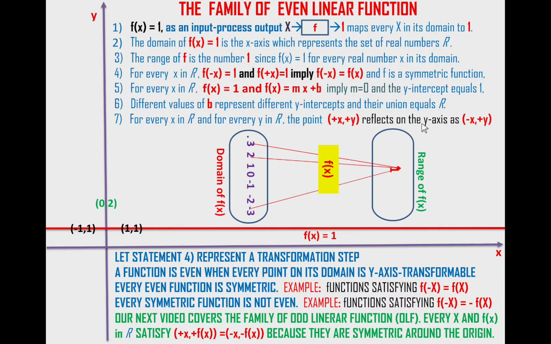The y will remain the same. But what we see here, the transformation is on both sides, on the x and on f of x, which is equal to y. So both of them are transformed. If both of them are transformed, then these functions cannot be symmetric around the x-axis, and they cannot be symmetric around the y-axis as well. And these functions are actually symmetric around the origin. And this is our next video's subject.